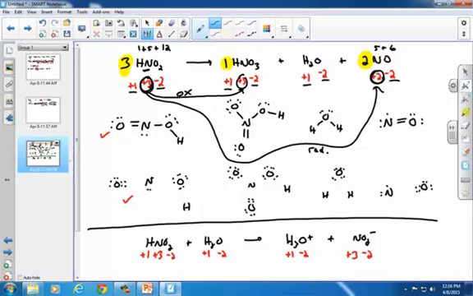So the OIL RIG mnemonic is used by a lot of people. OIL RIG, OIL meaning oxidation is loss, RIG meaning reduction is gain. That's if you put it in terms of whether electrons are being lost or gained. But it's counterintuitive, because a reduction doesn't mean something's going up or being gained. It means something's going down.